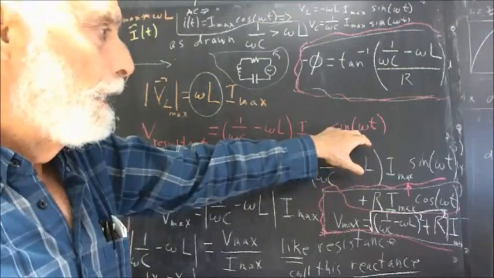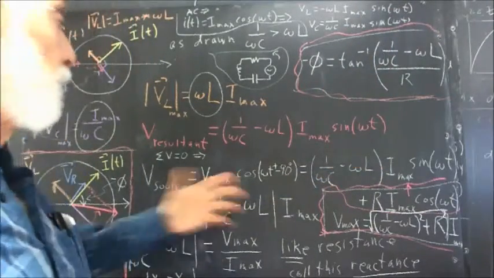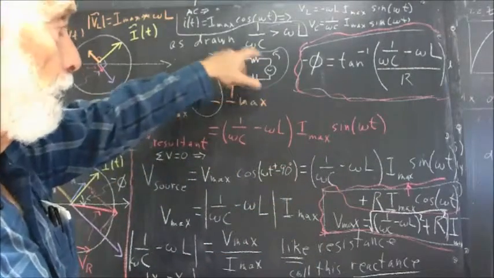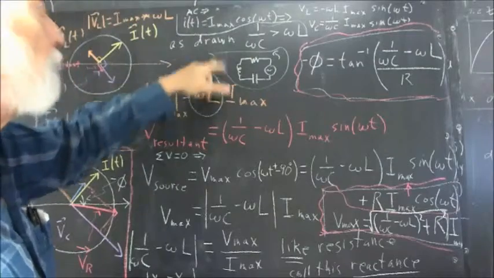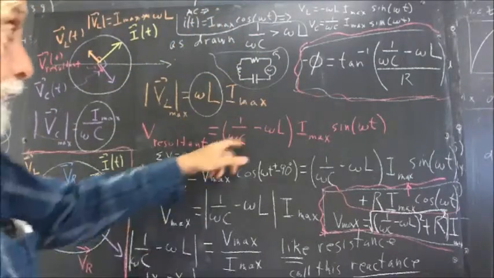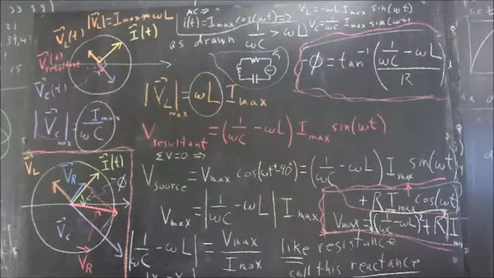That's where you're going to get a t times your cosine of omega t. That's going to increase the amplitude of your resonant voltage or your current in a linear fashion. So we saw that previously. We saw how that comes out of the differential equation. Okay, that's all I'm going to say about the LC case.